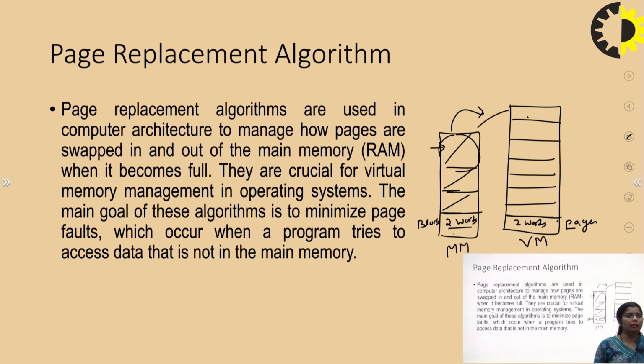It means page replacement algorithms are used to manage how pages are swapped in and swapped out. Swapped in means that if a particular page is stored here, that is called swapped in, and if a virtual memory page is going to the main memory, then it is called swapped out. So they are crucial for virtual memory management in the operating system.